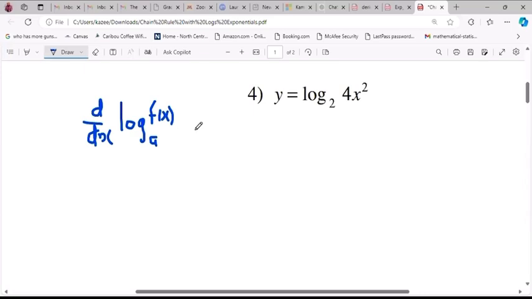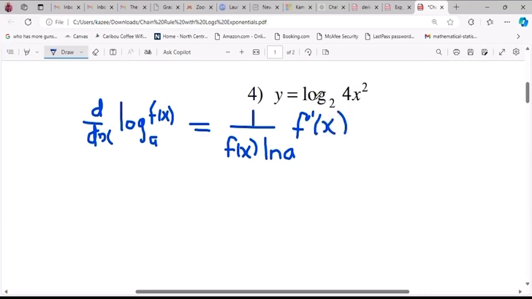What I'm trying to say is that it's going to be 1 divided by whatever function you see there, times ln of a, the natural log of a, then multiply by f prime of x. That's what you're going to do.